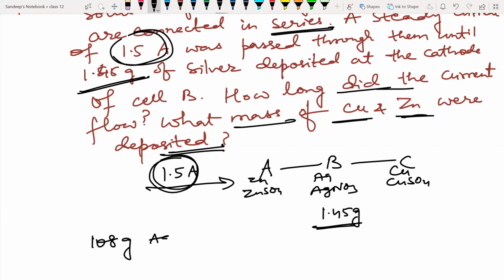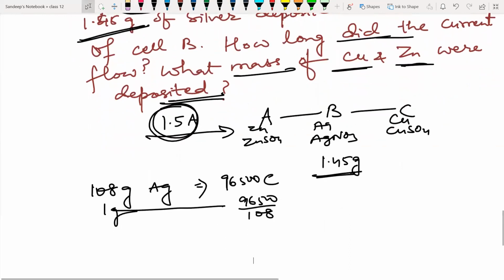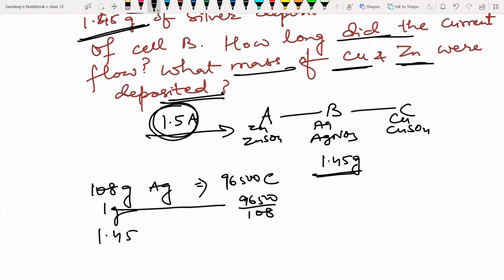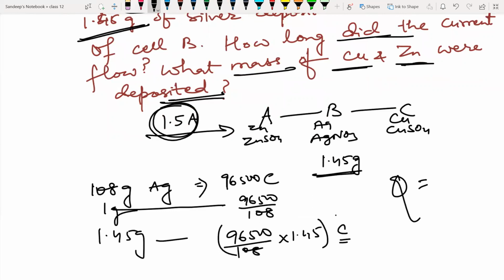So 108 grams silver requires how much charge? 96500 coulomb. So 1 gram will require how much? 96500 upon 108. So 1.45 gram will require 96500 upon 108 into 1.45. You have to calculate. This will give you the coulomb. Now, you know that Q is equal to IT.